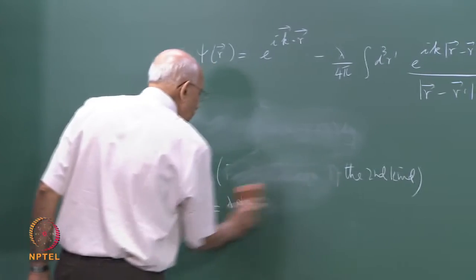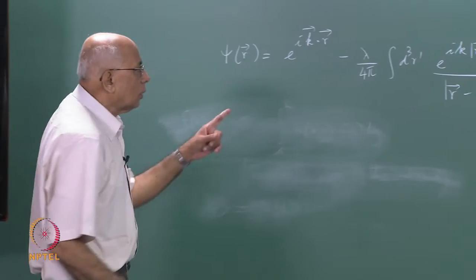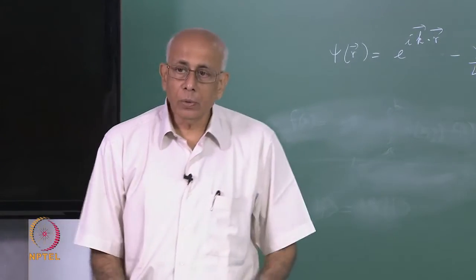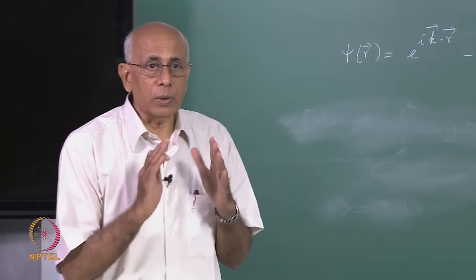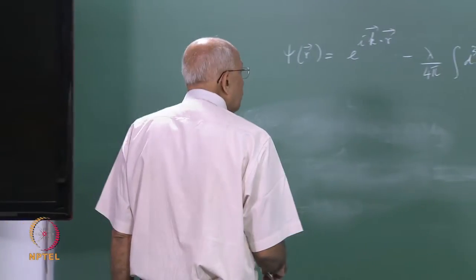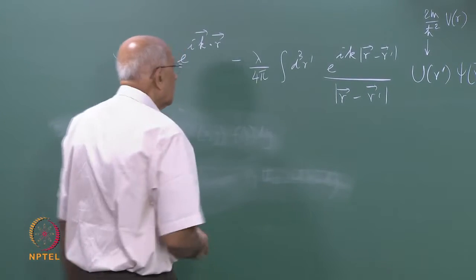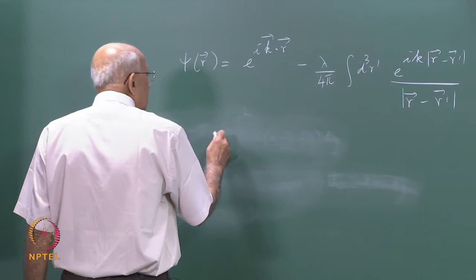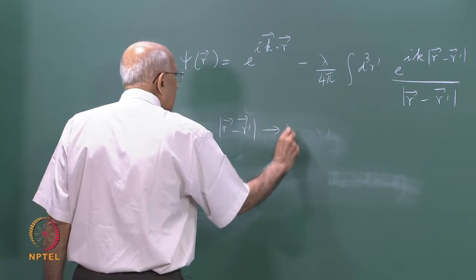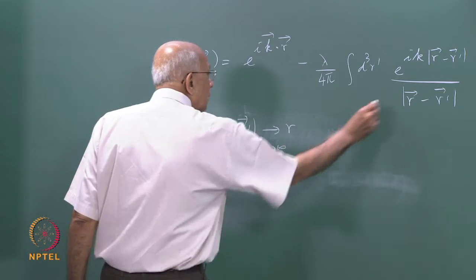Now let us come back here and ask what this is going to be asymptotically, because remember we want to identify the scattering amplitude in terms of the wave function. For that we need to extract the large r behavior of this kernel, and you can immediately see that for r tending to infinity, the leading term of mod r minus r prime is r.